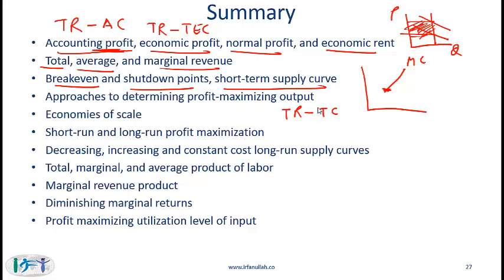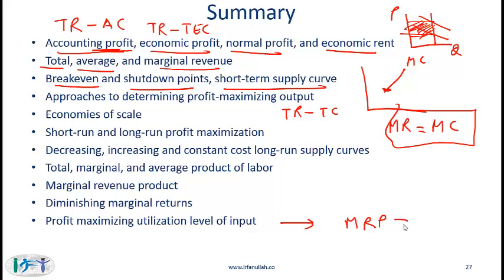The second approach is to say that we want the quantity at which marginal revenue is equal to marginal cost. And the third approach, which is a productivity-based approach, is to say that we want marginal revenue product to be equal to the cost of the factor of production.